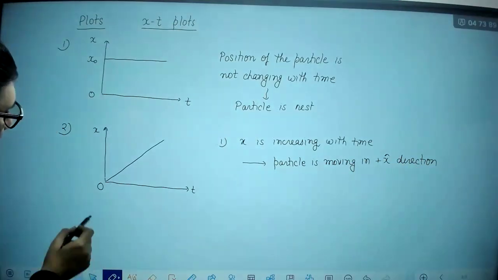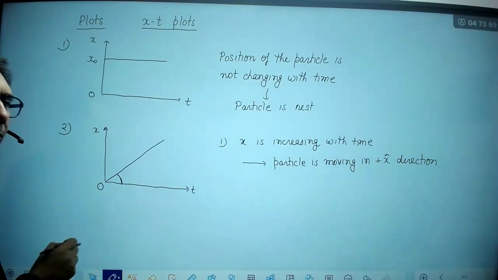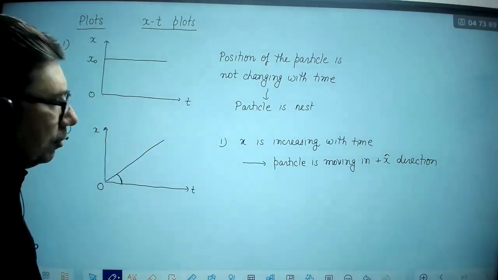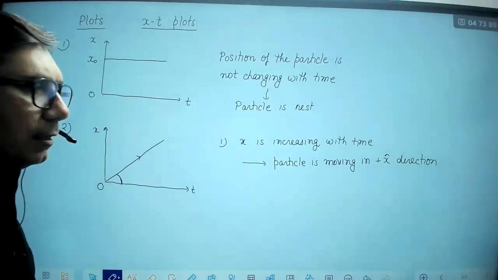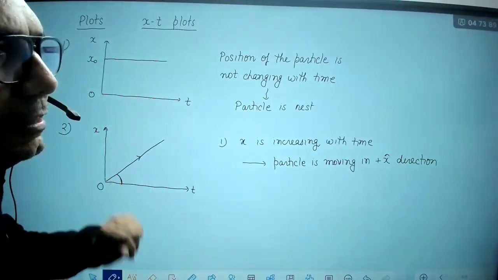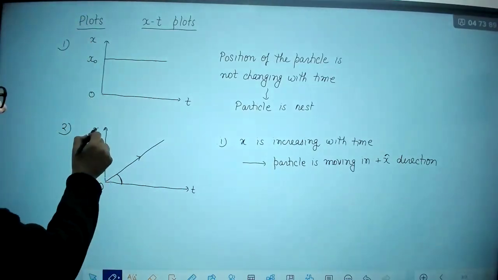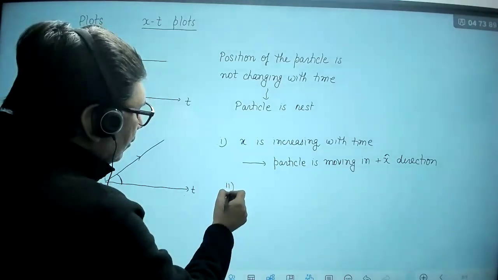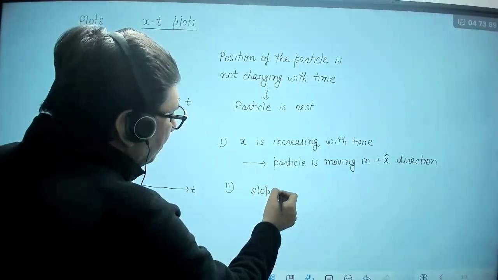Second, if you look at the slope of this line, this is a straight line, and the slope is constant throughout this motion. Particle is moving along this, so slope at every point is equal. This is a graph between x and t, so what is the slope representing here?